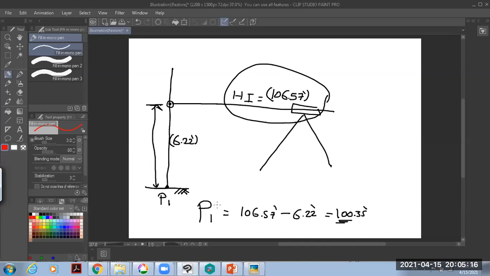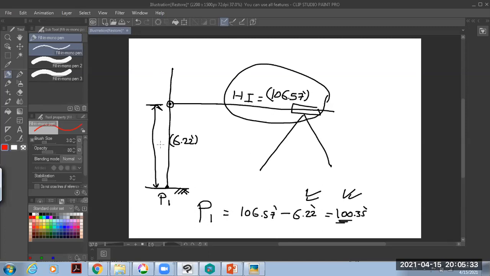So the elevation of point B1 is equal to 106.57 feet minus 6 feet 0.22 feet. It's equal to 100, and the answer is all correct here.